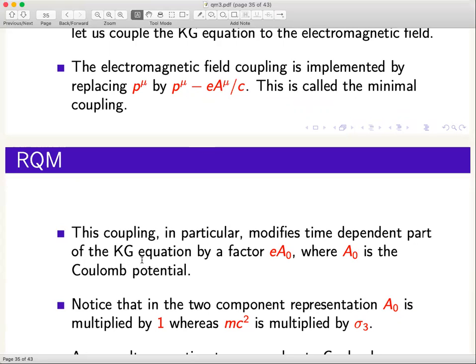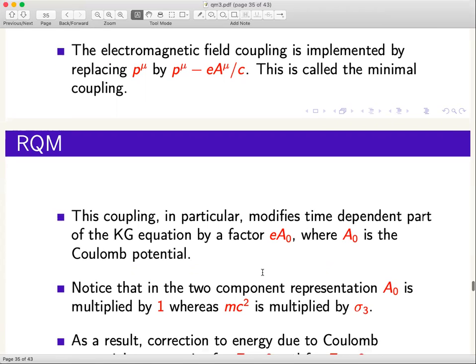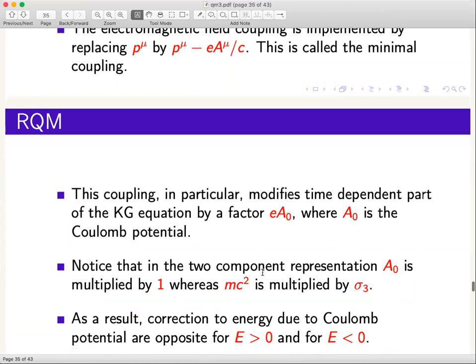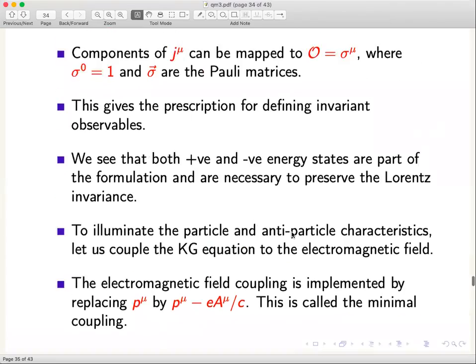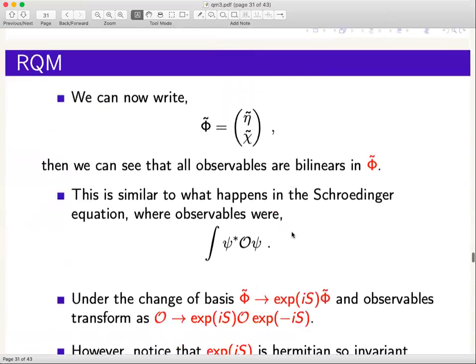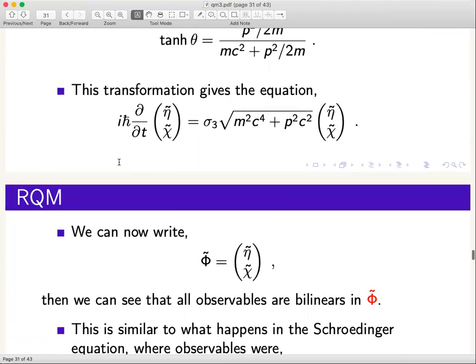But the Klein-Gordon equation involves a second order time derivative, and therefore you get e times A0 in kind of squared form in some sense. Although if you write it in the matrix form, then it still comes as a linear thing because our equation is linear in time. So you replace i h bar del t by i h bar del t minus e times A0 here.